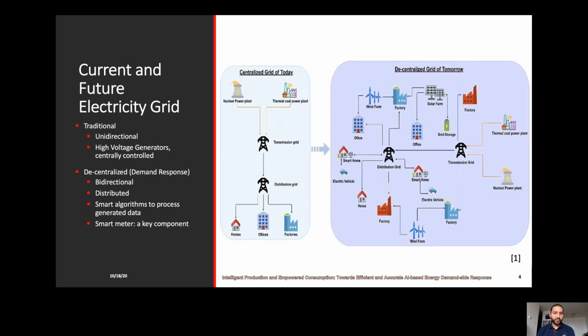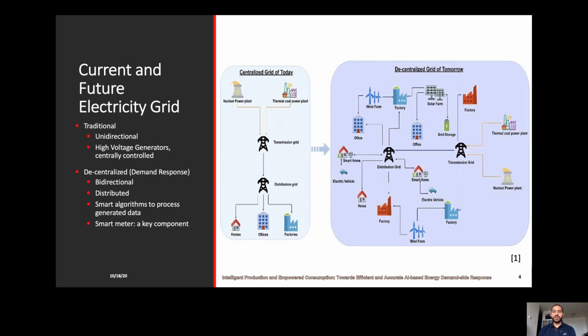So a lot of people might probably already know about the smart meters, which is a key component in this environment, as it provides granular data about the energy usage of a house. And we'll talk later about the levels of granularity in terms of the data that comes from the house.